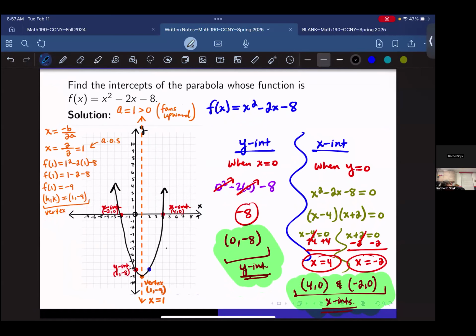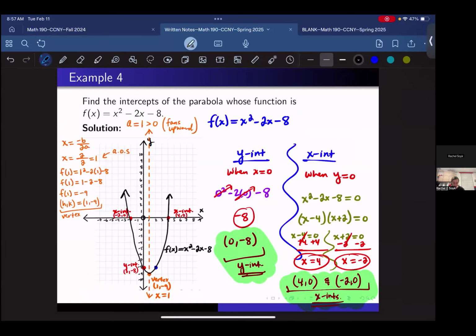We're looking at x squared minus 2x minus 8. And then we're done. So we have a page of notes on the next slide, and then we'll have another example that we'll do together.